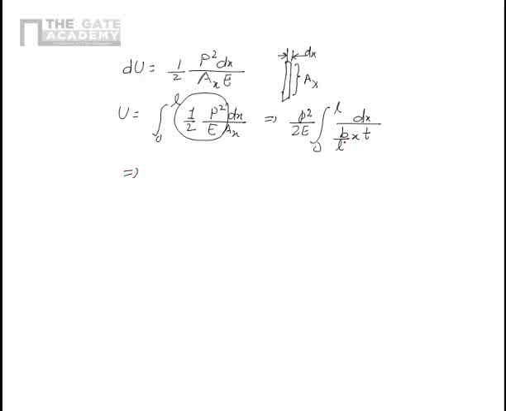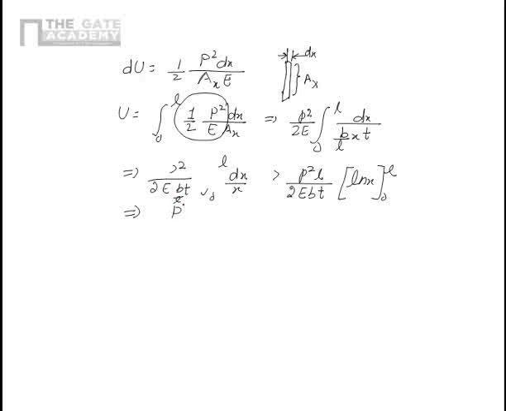B upon L into t is a constant, so it is taken out: P square upon 2E B upon L t, and this becomes integral 0 to L dx by x. So this is nothing but P square L upon 2E Bt, and integration of dx upon x from 0 to L is log natural of x. So this is P square L upon 2E Bt.